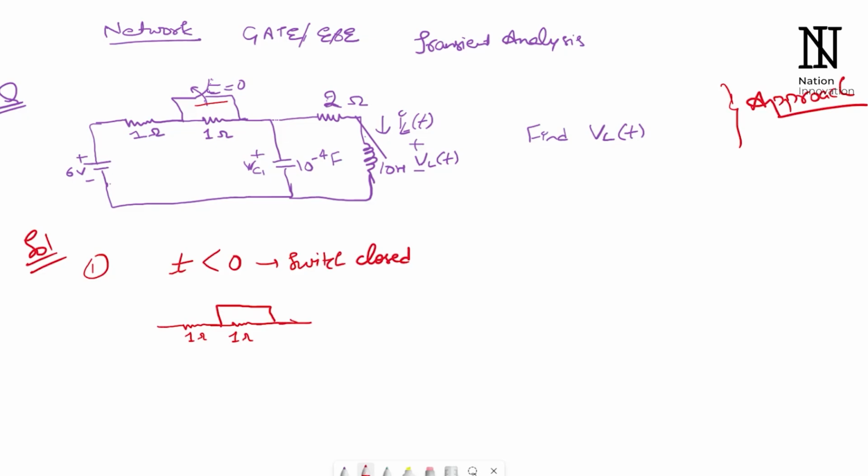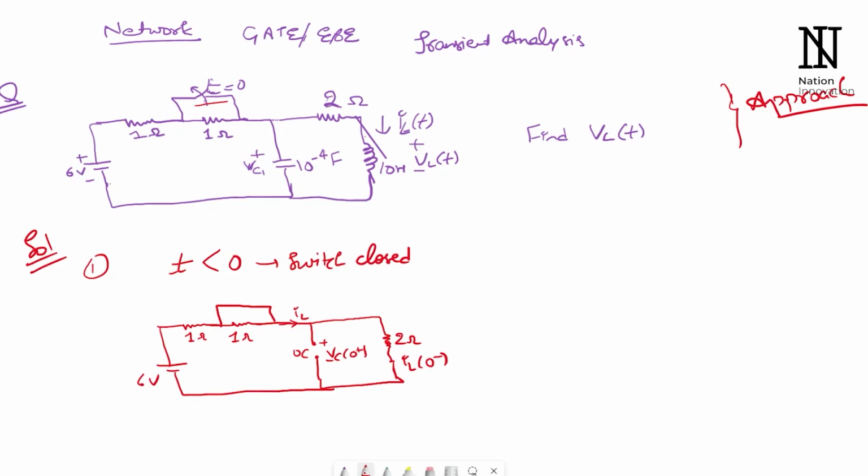This current, let's say IL, is flowing here. The capacitor will be open circuited with a voltage of VC(0 minus). Then we will have this 2 ohm resistor, and this inductor will be short circuited with a current of IL(0 minus), and here we have a 6 volt supply.